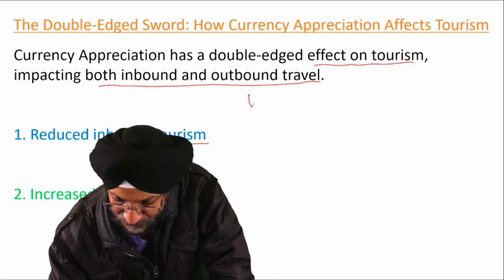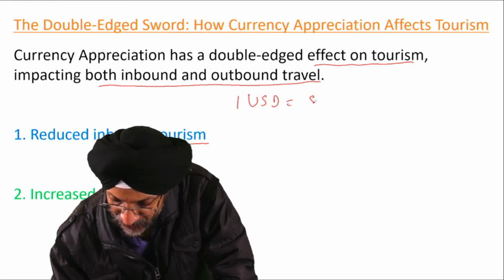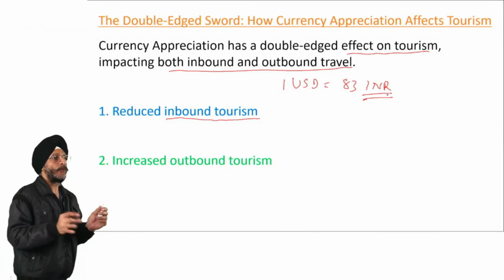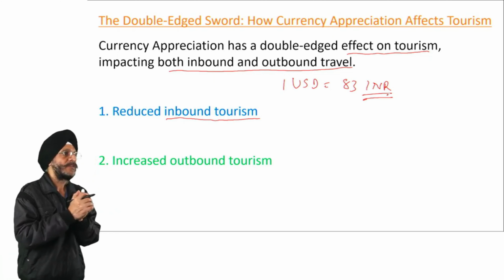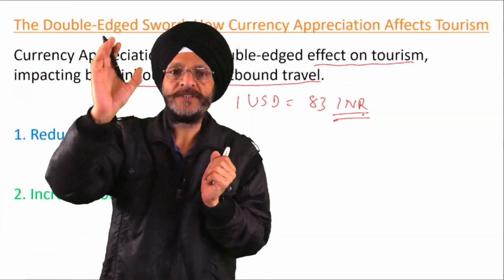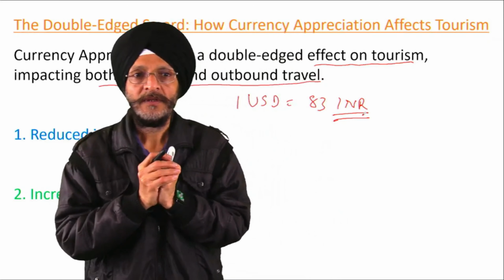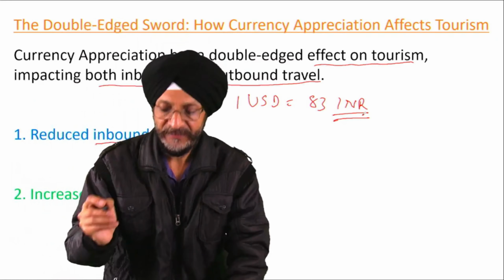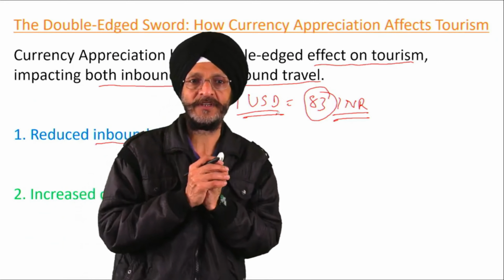Suppose 1 US dollar is equal to 83 INR. INR is Indian rupee. We are living in India, so we are taking the example of USA and India. Suppose tourists from USA are visiting India. At present, if they visit India, they will get 83 rupees in exchange for 1 US dollar.